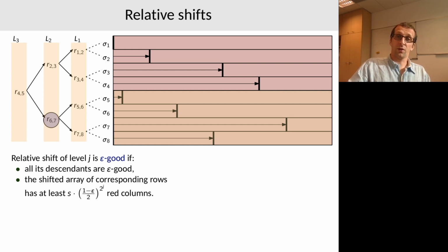And the meaning of large is expressed here. The exponent 2 to the power of j here is just the number of rows in the currently considered subarray.